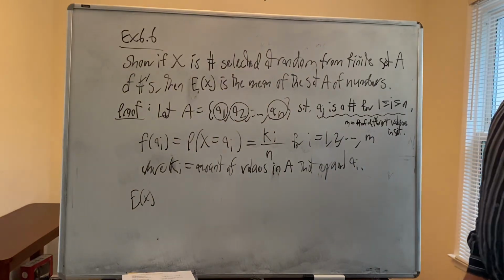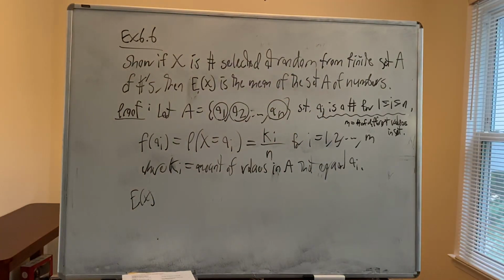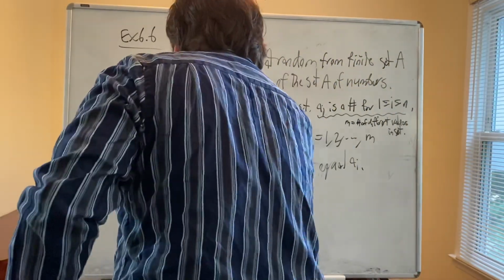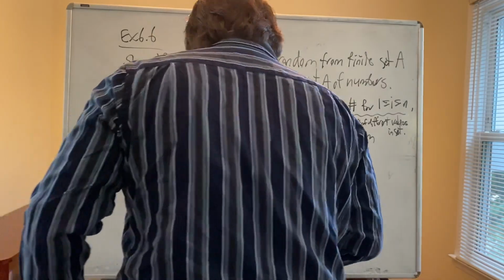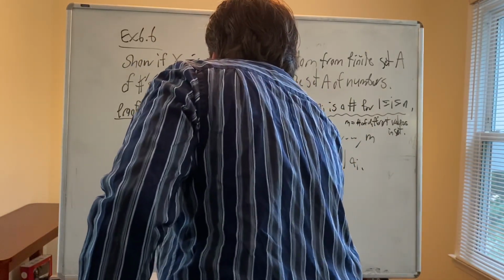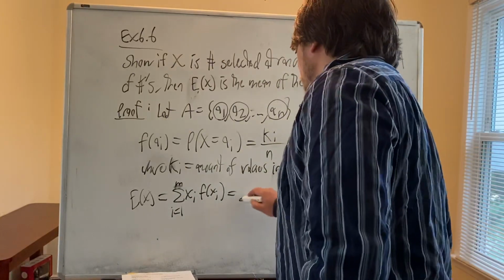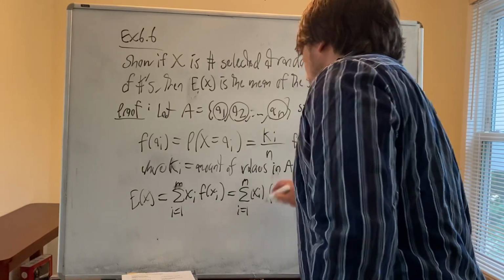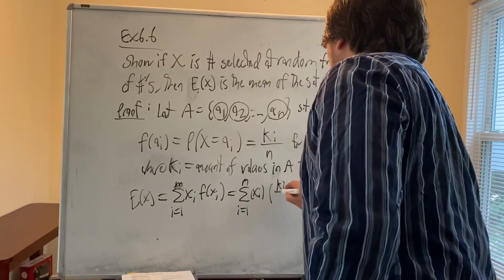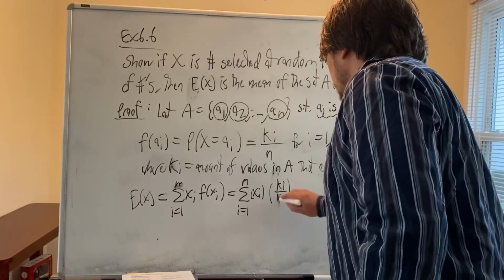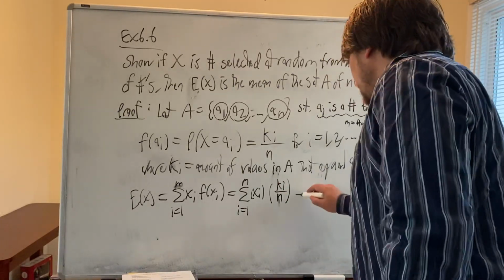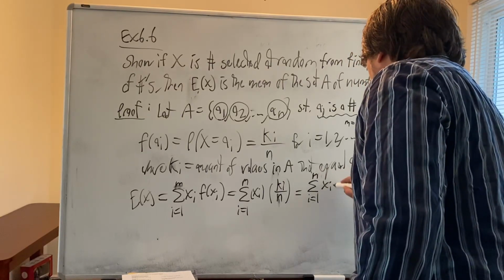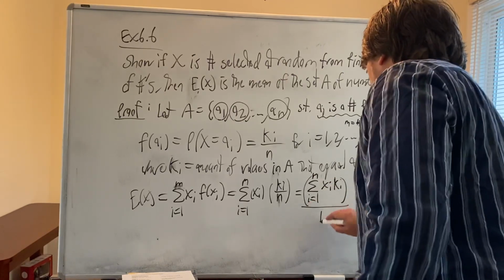And that's how we arrange this set capital A. So capital E of x is equal to the sum from i equals 1 to little m of x sub i times f of x sub i, which is k sub i over n. So this is equal to the sum from i equals 1 to m of x sub i times k sub i, divided by n.